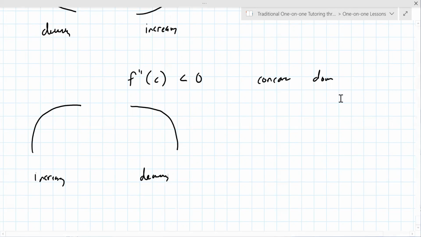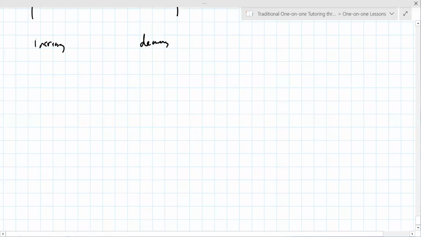And then the next part of the problems is, well, where does it change concavity? So let me just graph something real quick. Okay, so let's say your function, your y, is x e to the x. Your derivative is product rule.